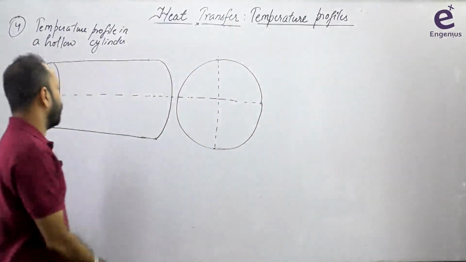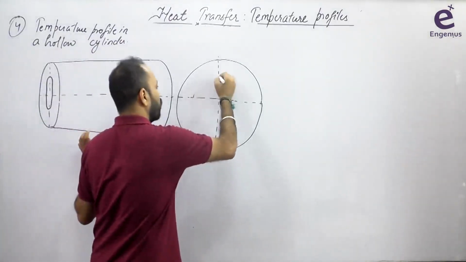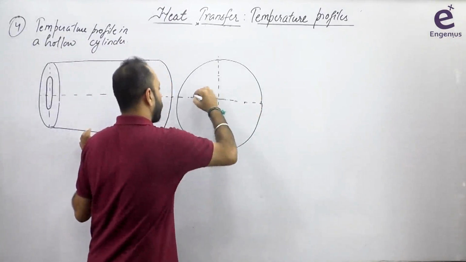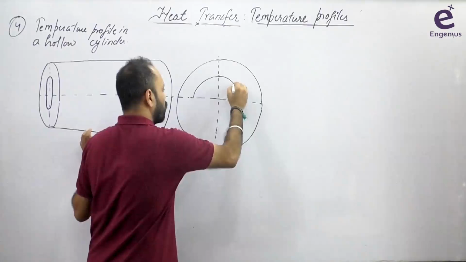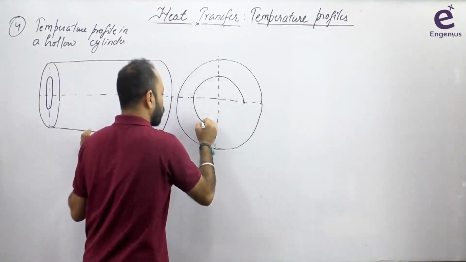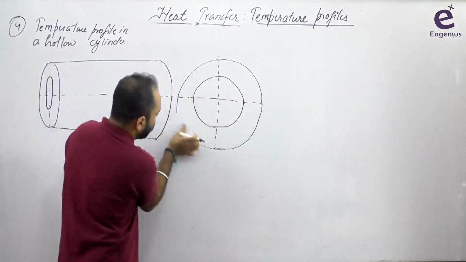Okay. That is the cross section view, but there will be an inner cylinder as well. So let's make this inner cylinder. There will be a smaller circle. Okay.